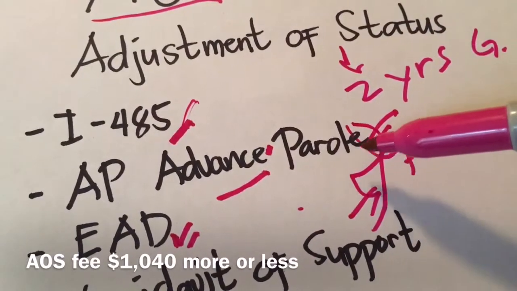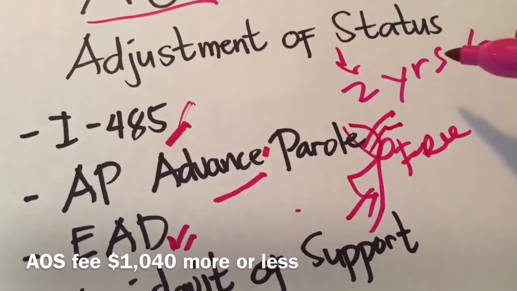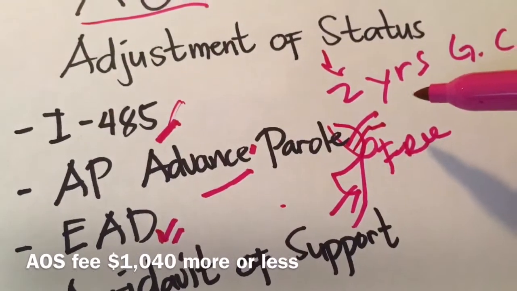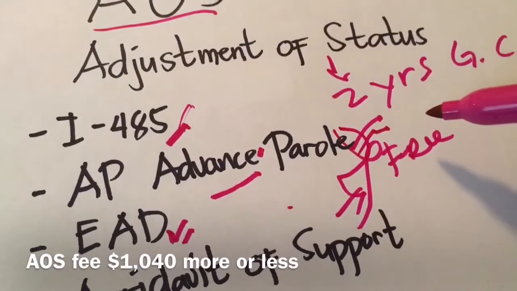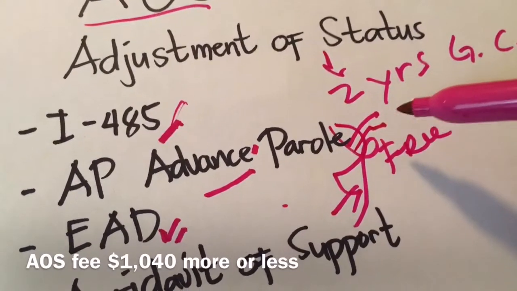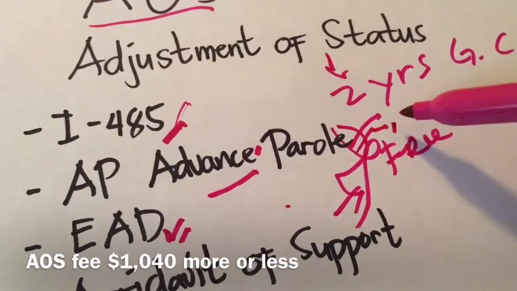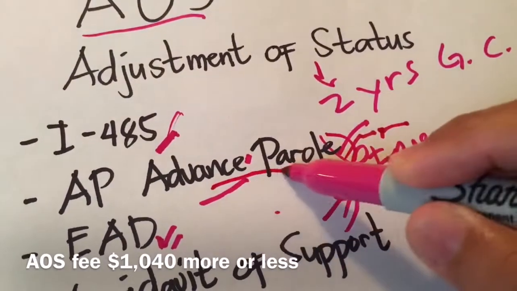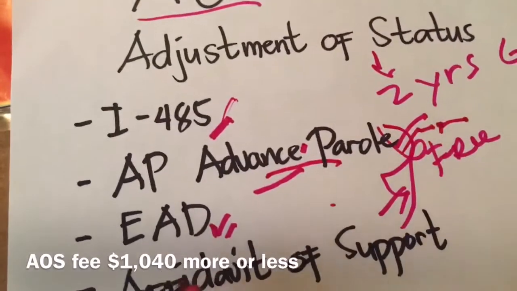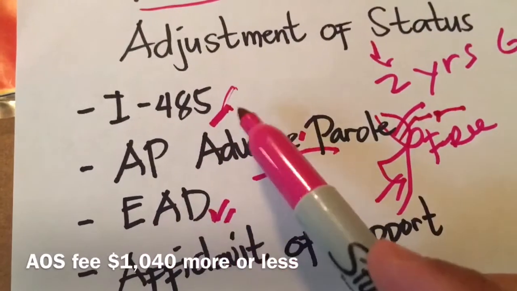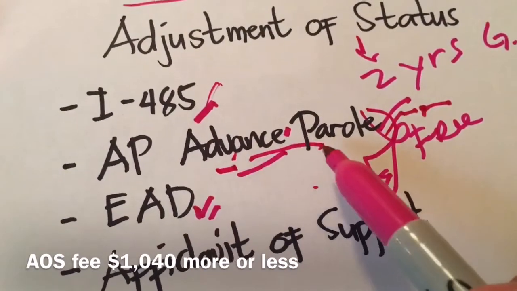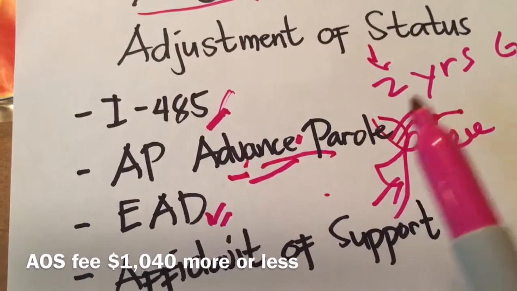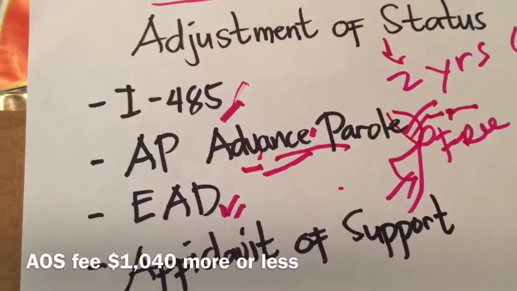So advance parole allows you to travel, or to leave the country, and you can enter the US again without a problem because you have this document, the advance parole. There's a certain number of days allowed.